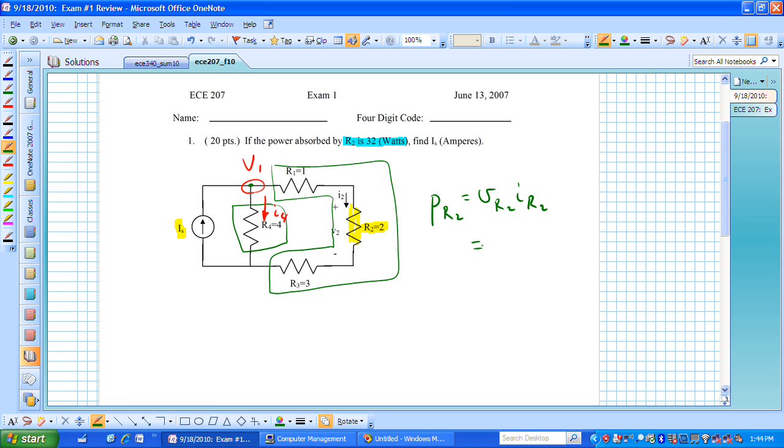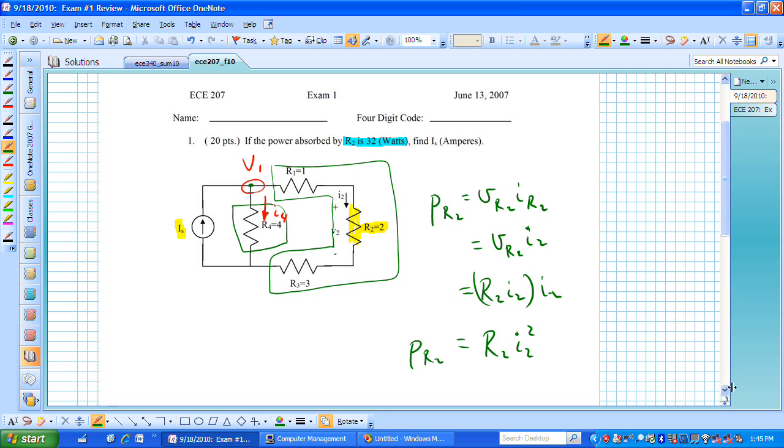Or if we don't know the voltage, but we really want to know this current I sub 2, the voltage across R sub 2 is R sub 2 times I sub 2, and we have now re-derived this power relationship for a resistor.